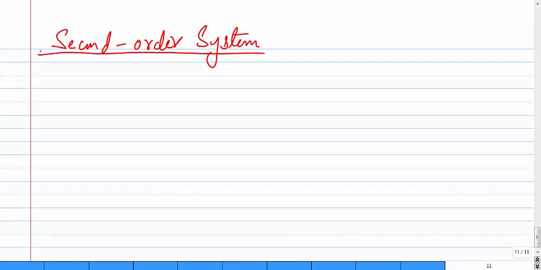Okay, a second order system has two poles.